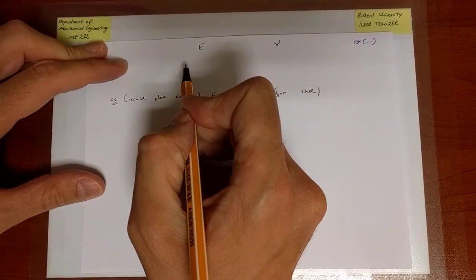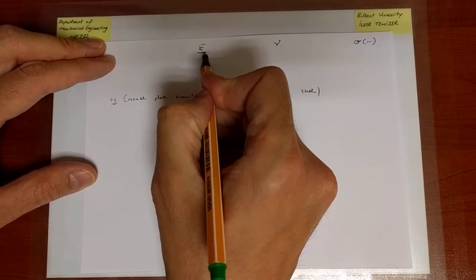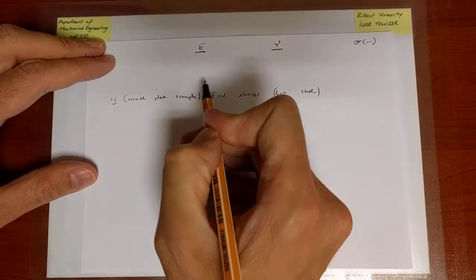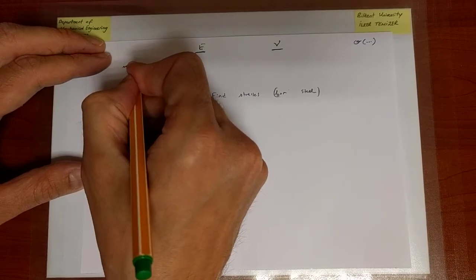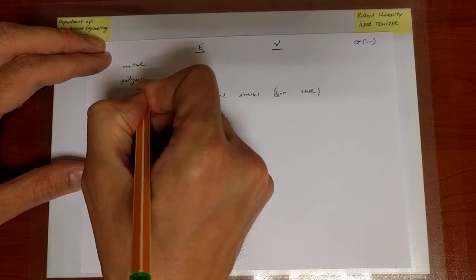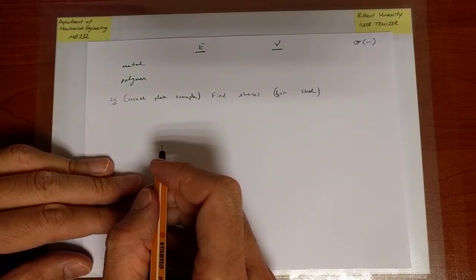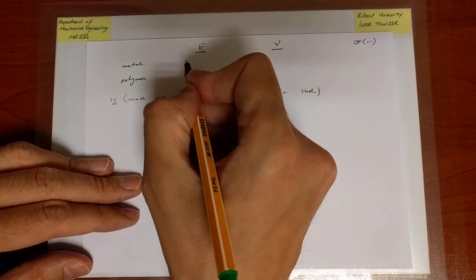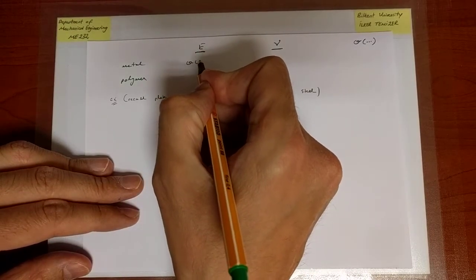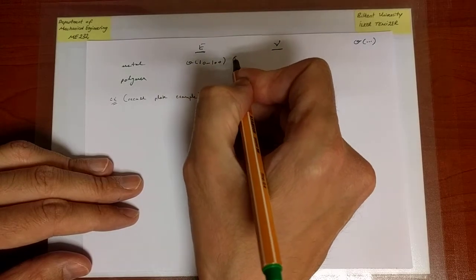So the quantities we're looking for presently are the Young's modulus and the Poisson ratio, and we're just going to look very roughly at metals and polymers. So for most metals, the Young's modulus falls somewhere between 10 to 100 GPa.